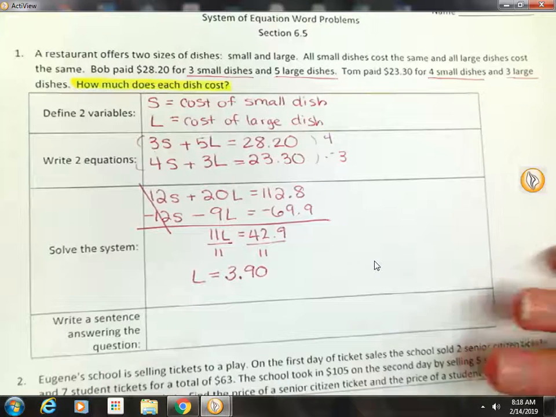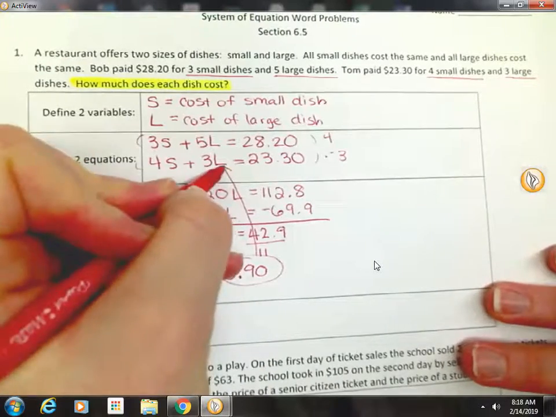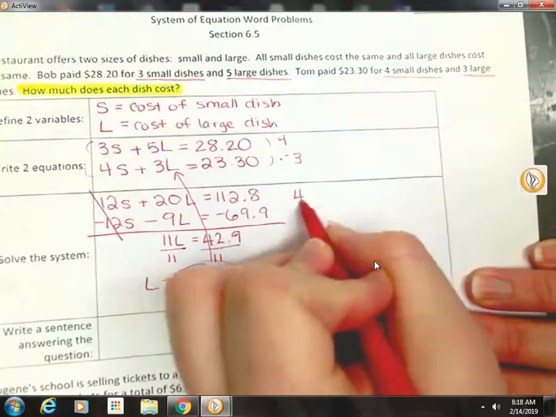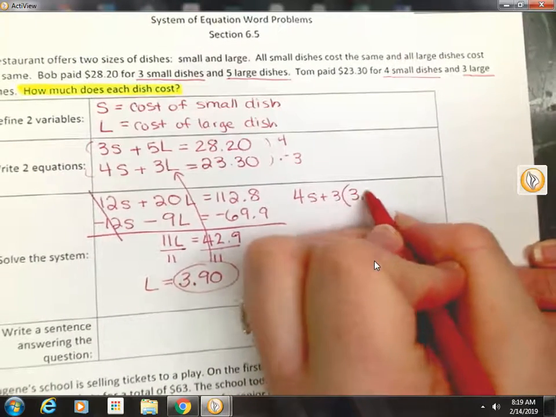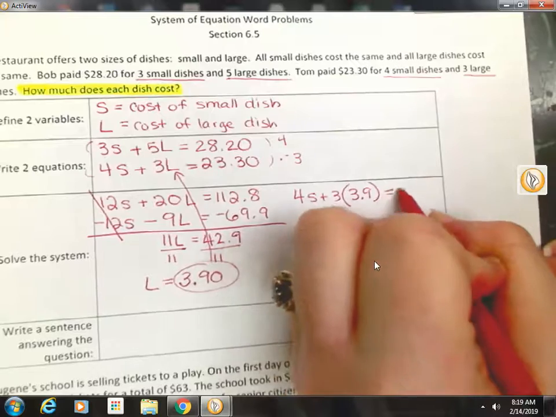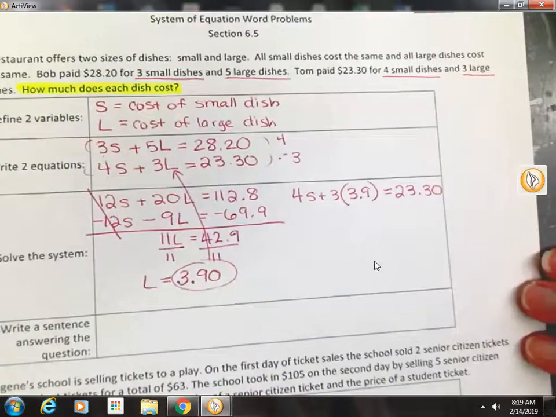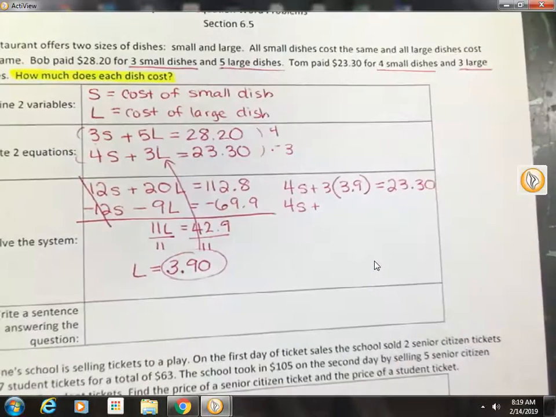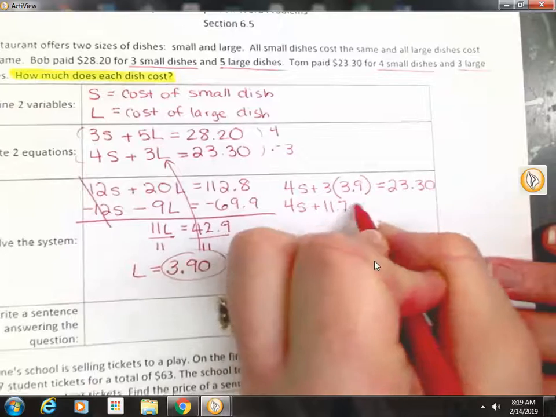Let's put that back in so we can figure out what the cost of a small dish is. I'm going to put it into the second equation right here. So 4S plus 3 times 3.9 equals 23.3. 3 times 3.9 is 11.7.